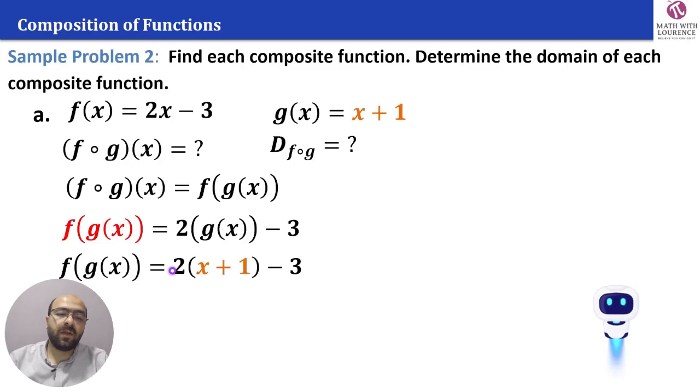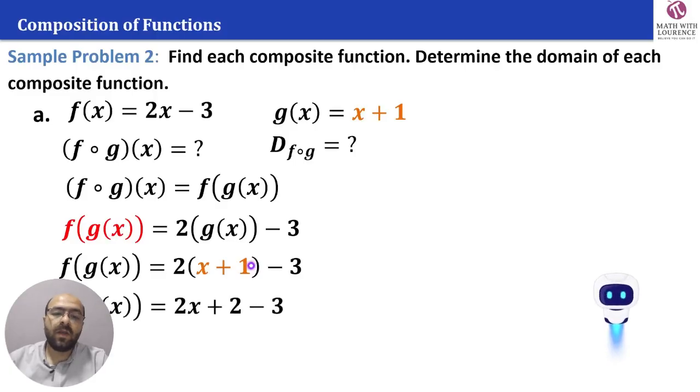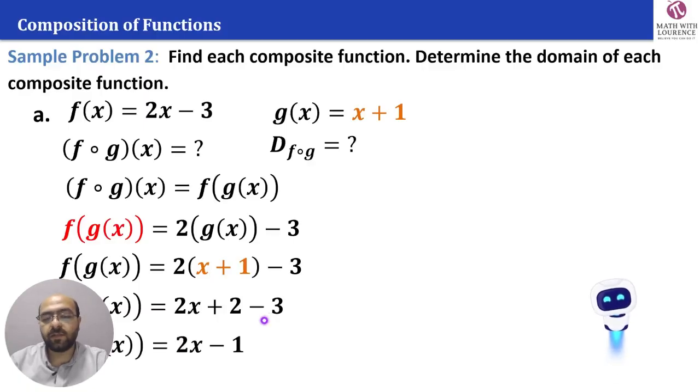Here I will multiply 2 times x, 2x, and 2 times 1, 2. We have negative 3. 2x, we just keep 2x. Positive 2, negative 3 equals negative 1. Excellent. So the composite function is 2x minus 1.